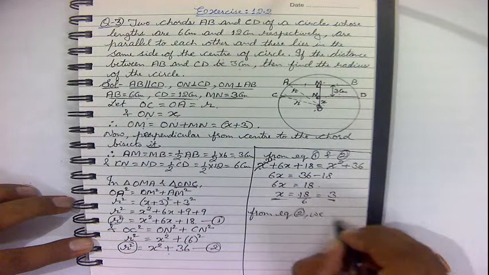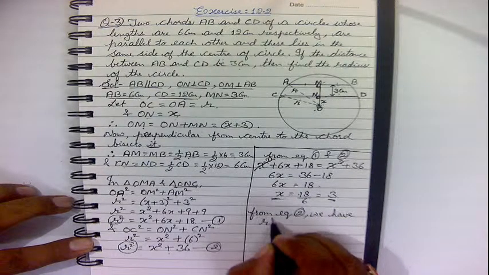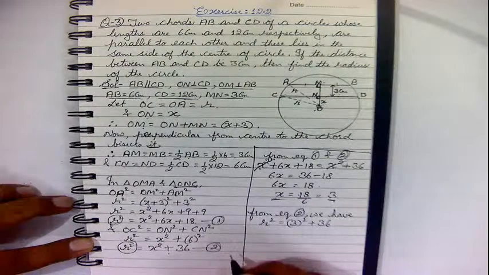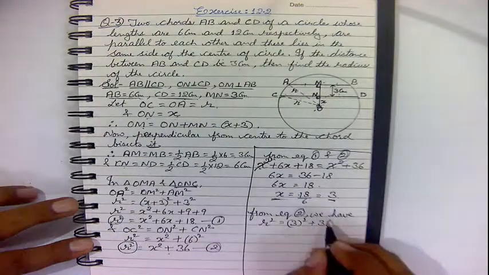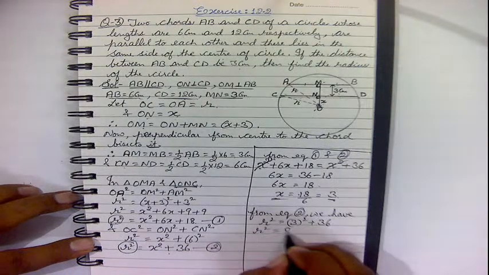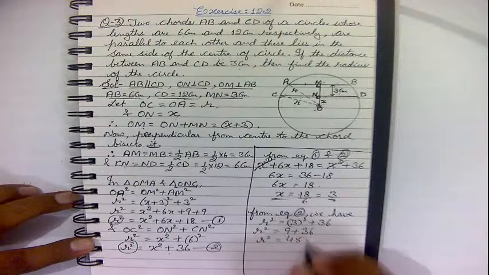So from equation 2 we have R squared equals 3 squared plus 36. So 3 squared plus 36 is 9 plus 36, and R squared equals 45.